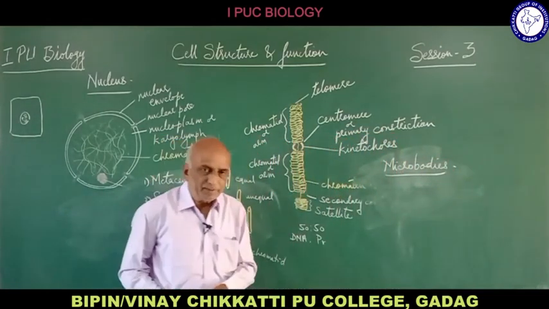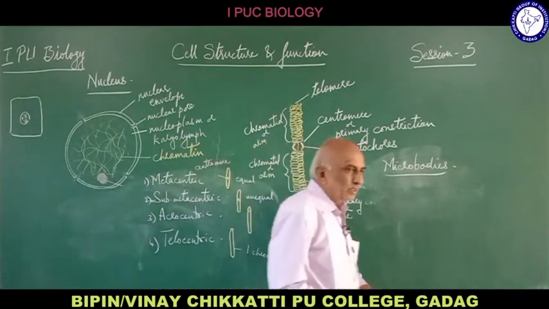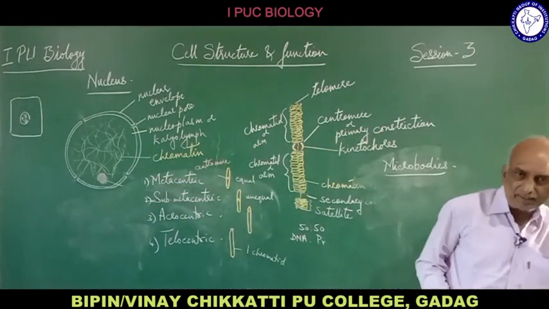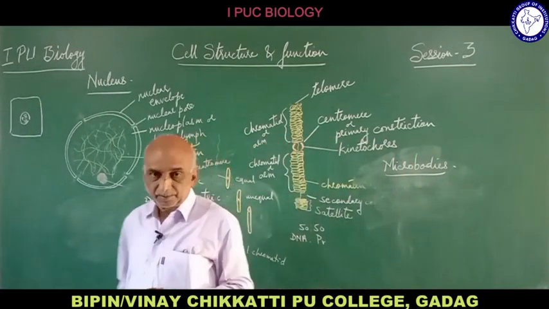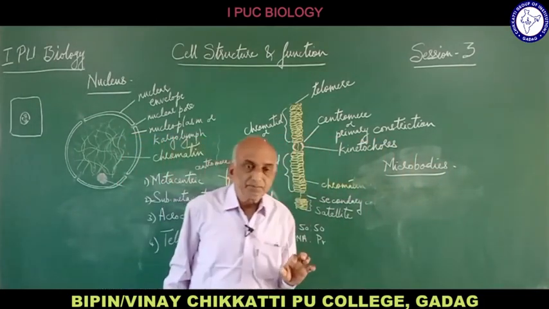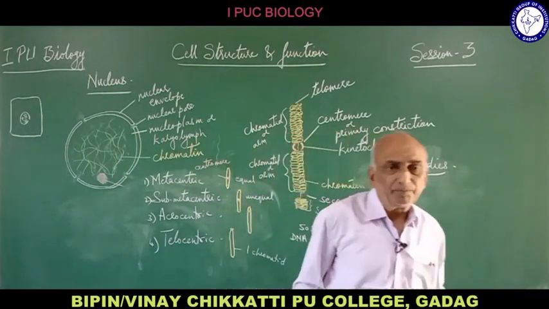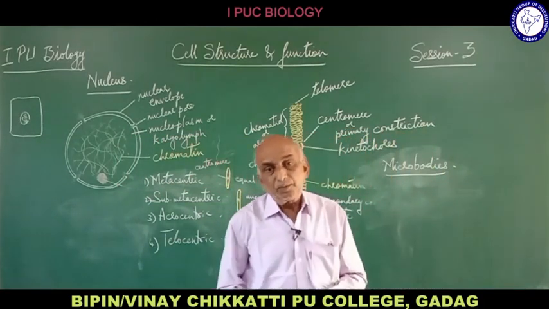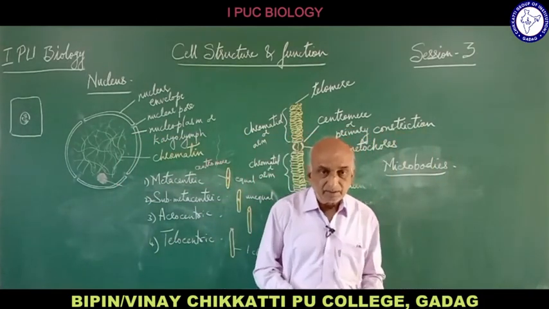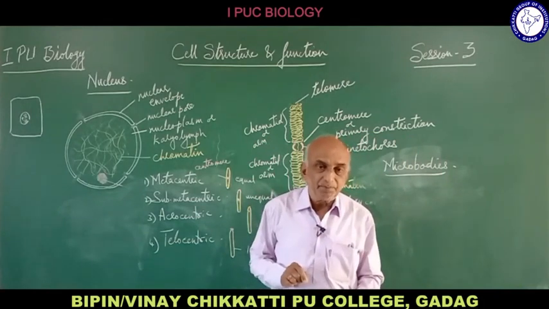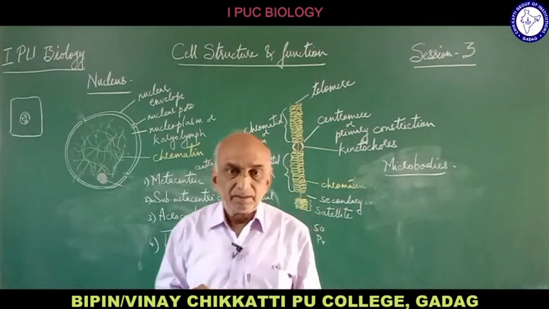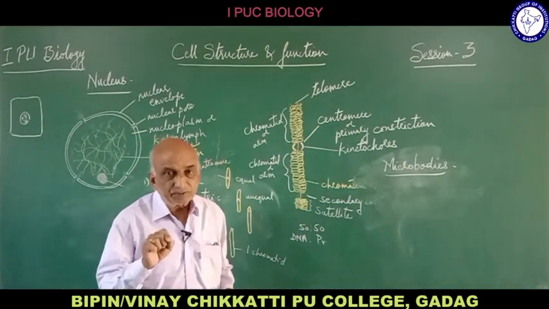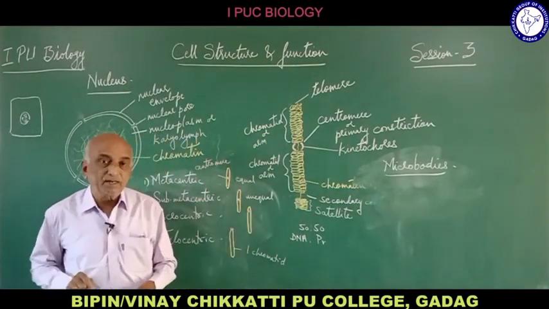So microbodies are also small structures which are present in the cell. For example, cytoskeleton we have studied. Cytoskeleton is a network of filamentous protein structures present freely in the cytoplasm, and this network of protein filaments in the cytoplasm is called the cytoskeleton.